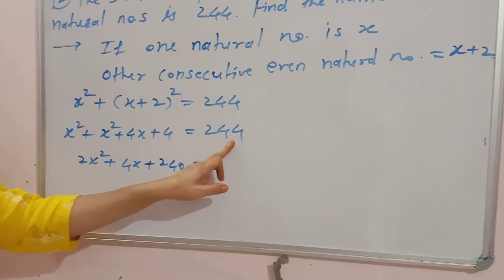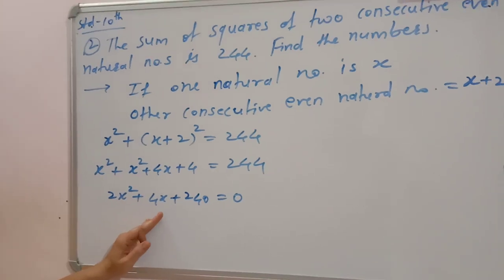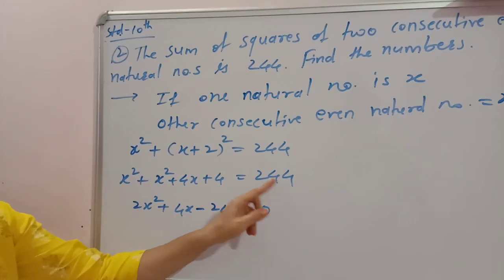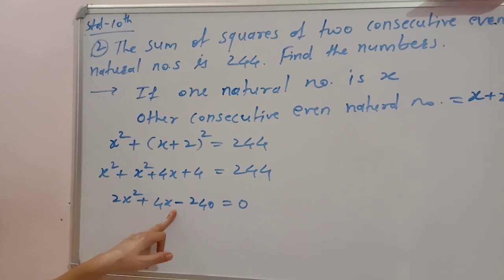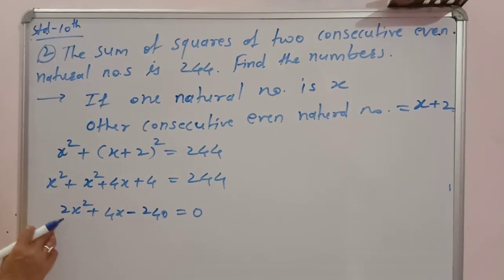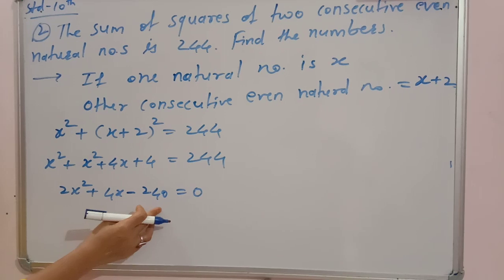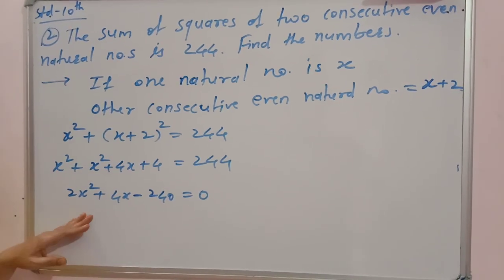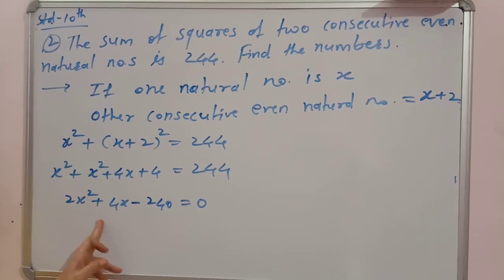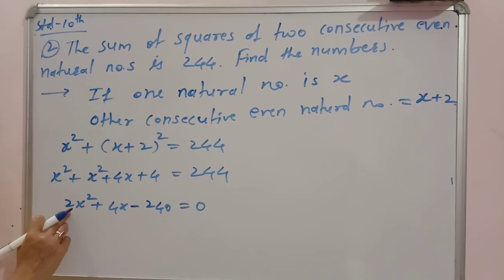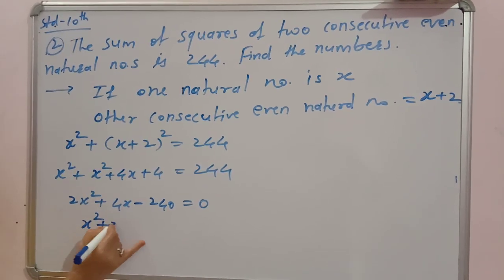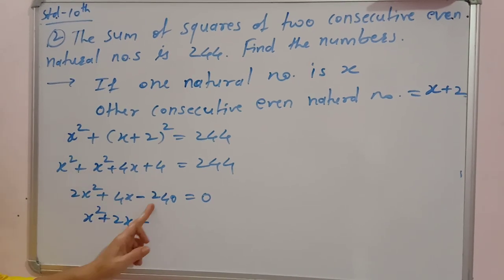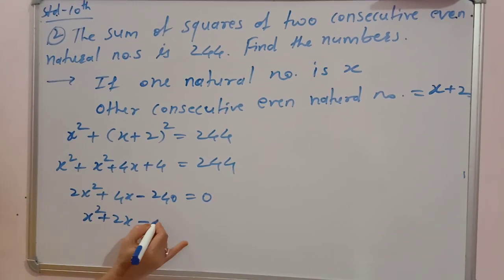Now 2, 4 and 240 are all divisible by 2, so make it simpler. Divide all terms by 2: x square plus 2x, and 240 divided by 2 is 120.